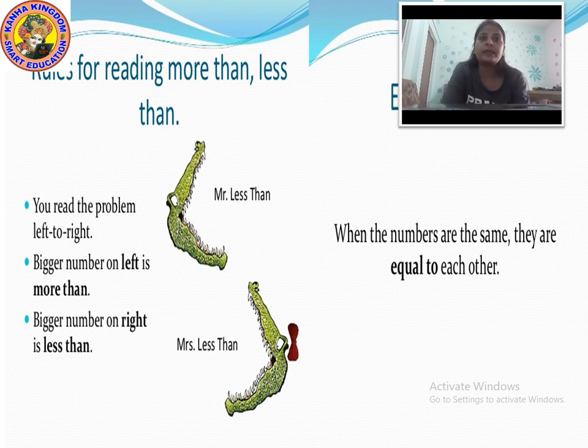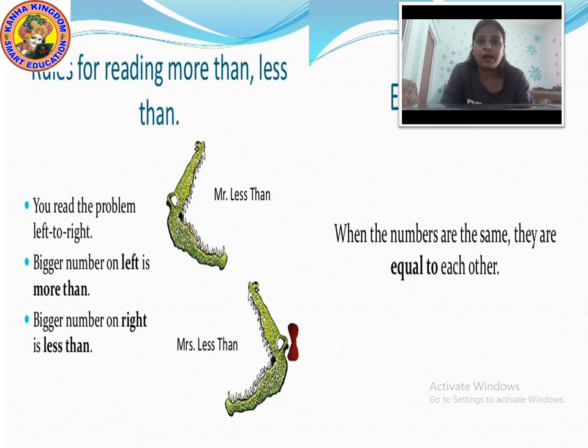And when the numbers are the same, they are equal to each other. When both numbers are the same, or both things are the same, then we call that equal to.